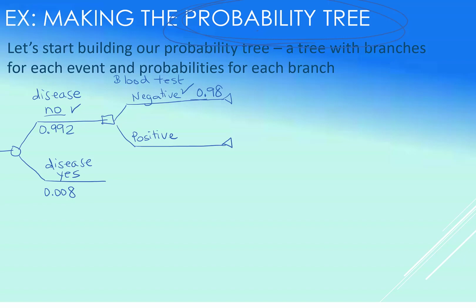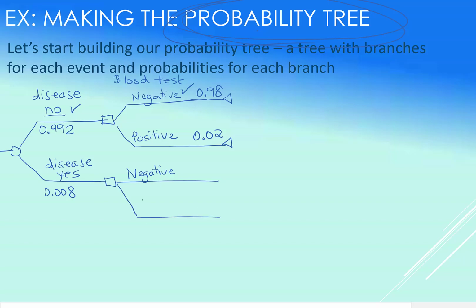And we also figured out that the inverse of that, or the complement, is the 0.02. These two probabilities must add to 1. Okay. Now, on the other side, let's say somebody does have the disease. They take the test.